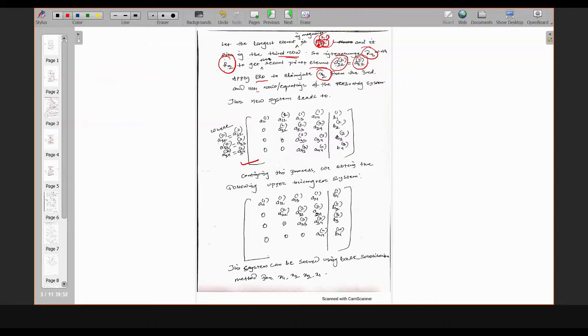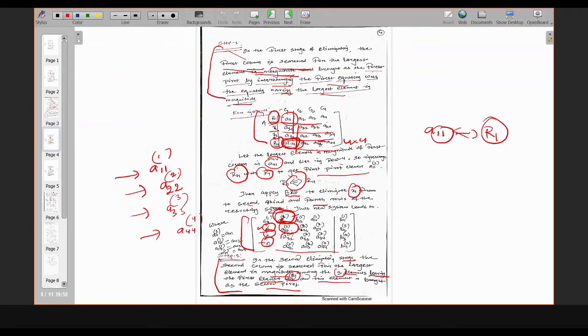Now you see these elements are below the pivot elements. This is your pivot element, and below this pivot element you have to make it 0. But you don't need to make 0 the elements sitting above the pivot position. You have to apply elementary row operations to convert this and this element to 0, because you can see in the second stage these elements are not 0.